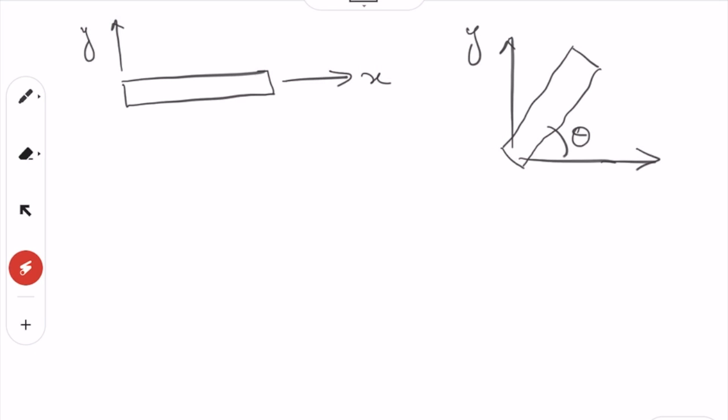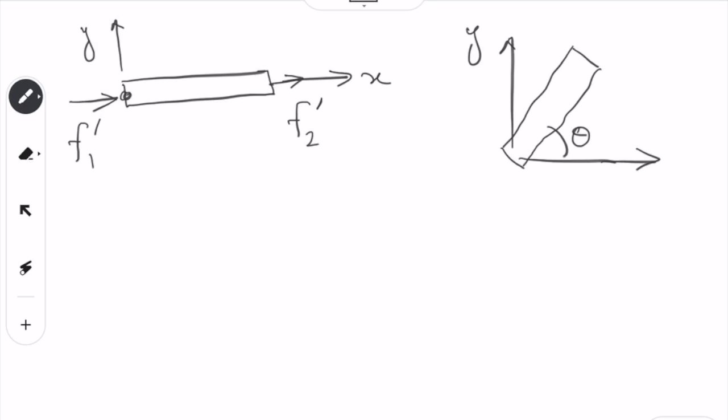So meaning that we will say like this, at this node we have, let's call it F dash, that is the force F1 dash, and in this direction also there will be a force, let's call it F2 dash. Okay. In the other direction it has 0.